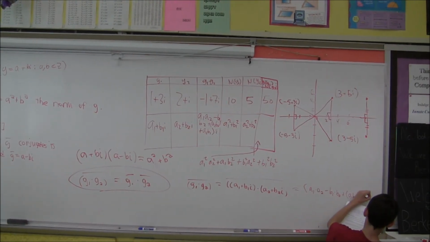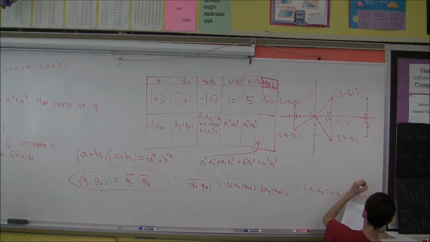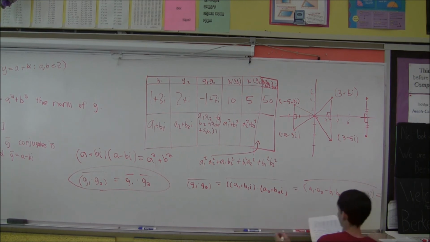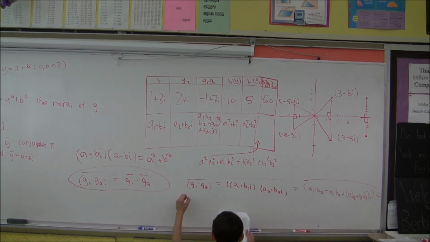By the way, it's a strange connection, isn't it? The product of the conjugate, so x is multiplied by the reflection.